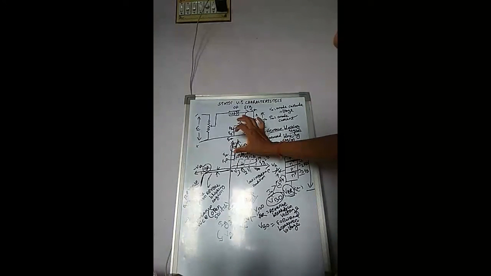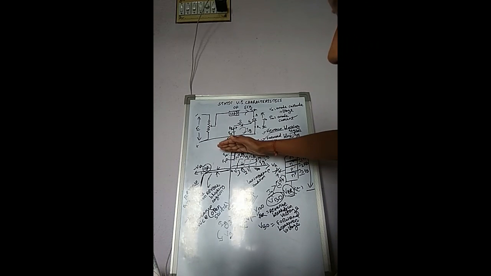Latching current is what? Once the SCR is conducting a forward current, this part is the conducting region. So in this part, SCR is conducting a forward current that is greater than the minimum value. So it is called latching current. Okay, so the SCR is conducting in this part.